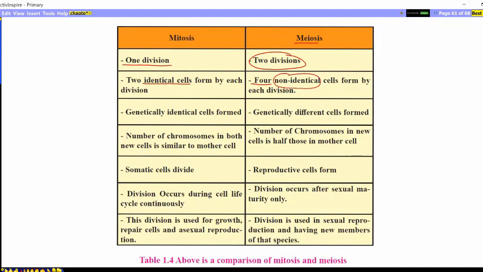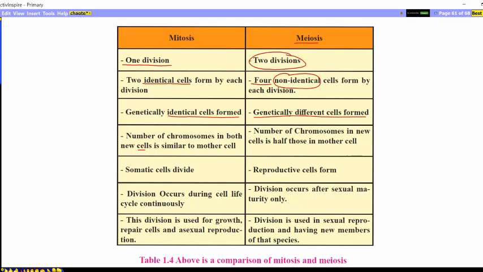We said why they are non-identical: because crossing over happens and homologous chromosomes separate. Genetically identical cells are formed, why? Because chromosomes do not separate, but sister chromatids separate in mitosis. Genetically different cells are formed in meiosis, because in meiosis homologous chromosomes separate and crossing over occurs.